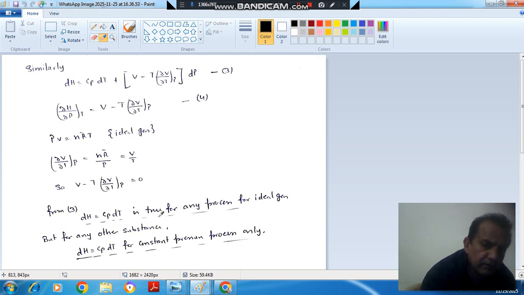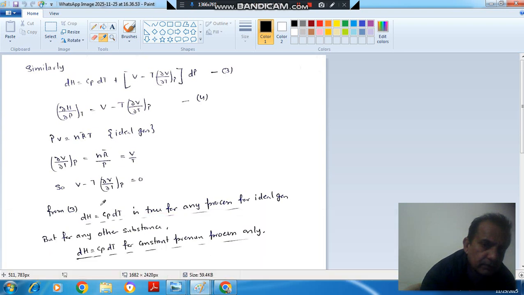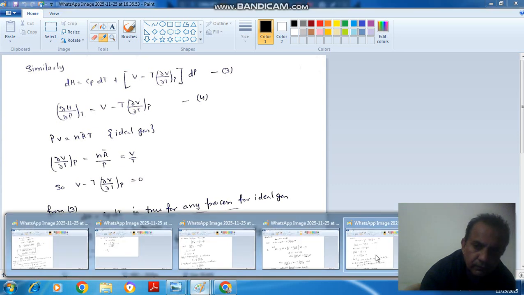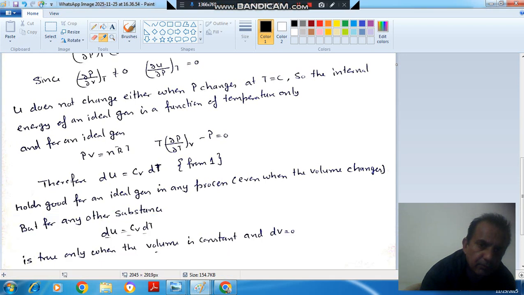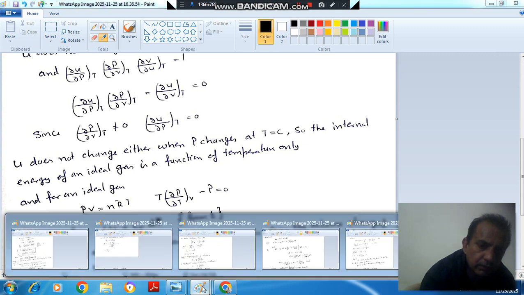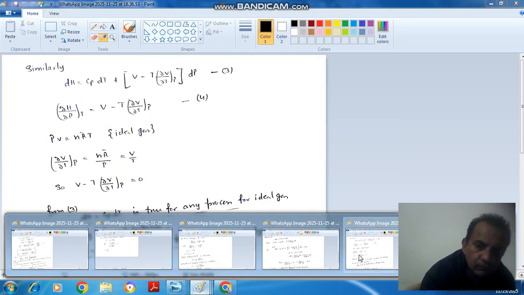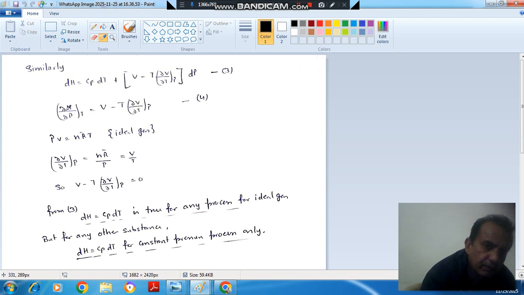In the same way, here we have got that (∂H/∂P) at constant temperature is equal to 0.